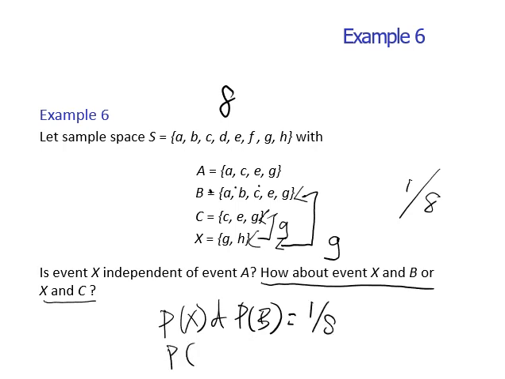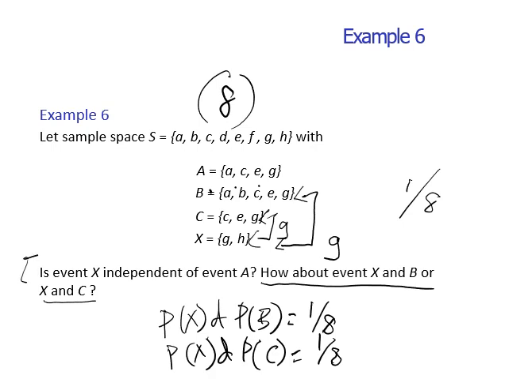Same thing, the probability of X and C is 1 out of 8, because there's 8 in total. Okay, so far so good. The next two slides go through this step, but I will not go through the maths details of it. This is actually not that critical.